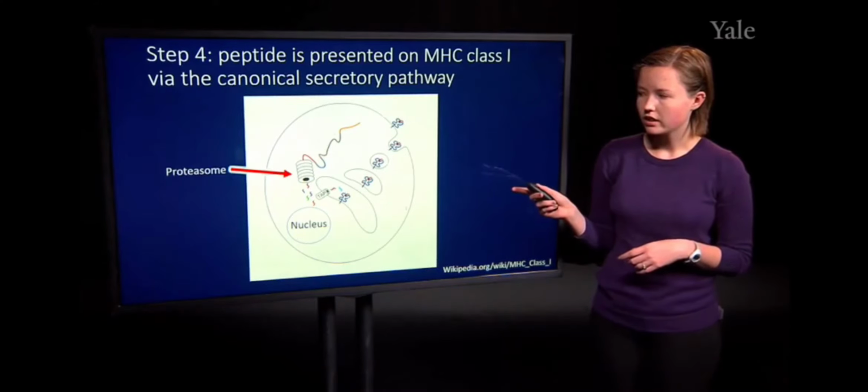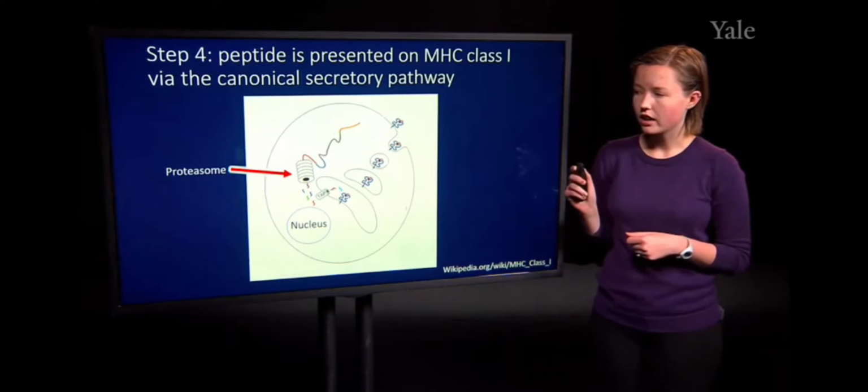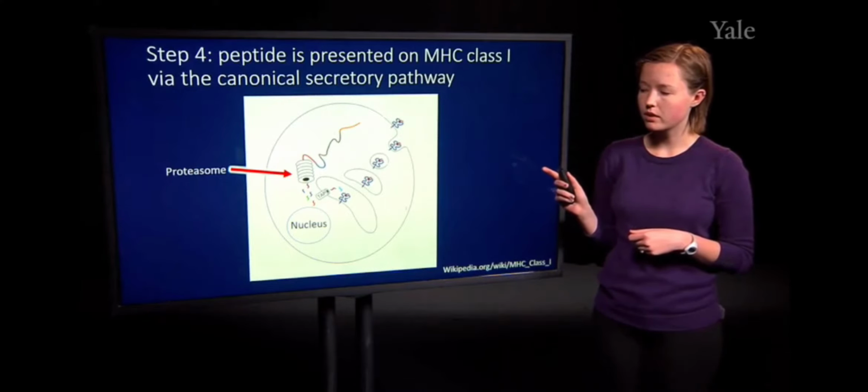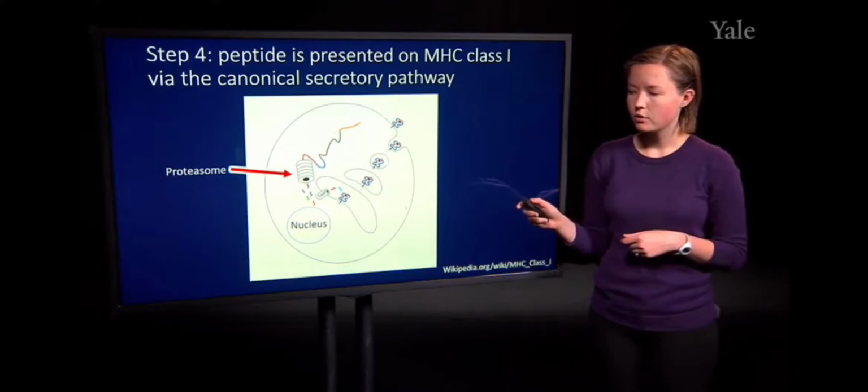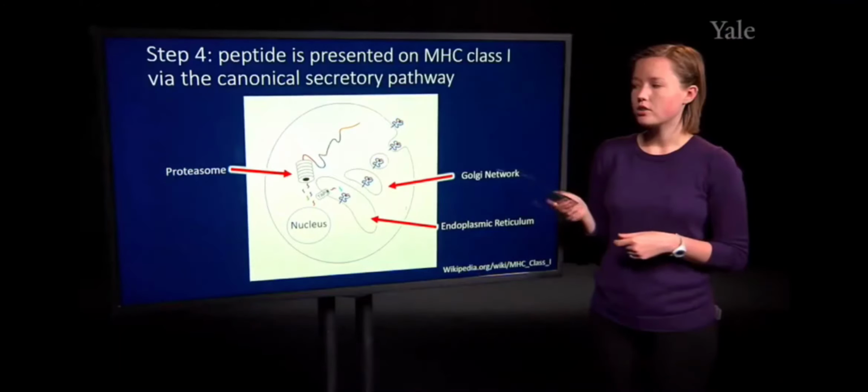So we've had our proteins degraded by the proteasome to form peptides, which can enter the endoplasmic reticulum through the TAP transporter. At this point, then they start interacting with MHC class 1, and once they have this interaction of MHC class 1, which is the alpha chain and beta-2 microglobulin bound to the peptide, then it will go through the normal secretory pathway through the Golgi network until it reaches the cell surface.